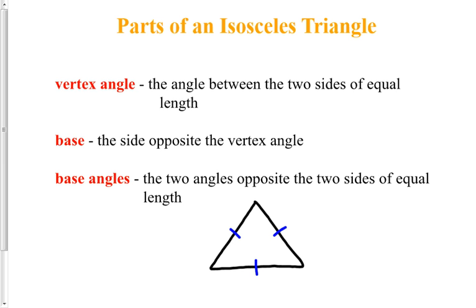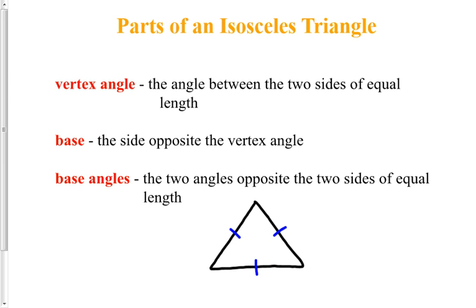Well, in this case, we actually could choose which angle is the vertex angle, because any of the three angles qualify. Well, then the base would be opposite that angle, and the base angles would be the two angles opposite the two sides that made up the vertex angle.